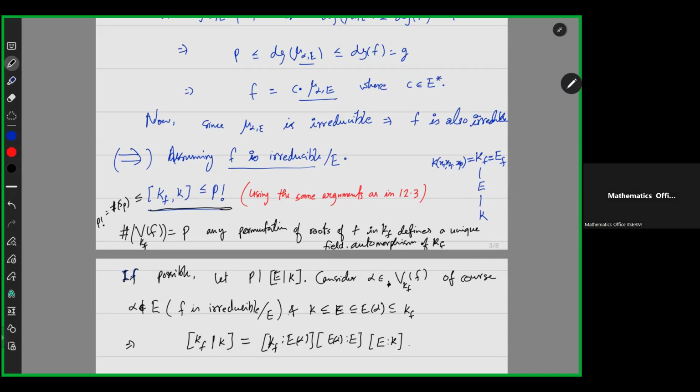Okay. We are defining it on the roots of F, but we will extend it algebraically over all of KF. So any permutation gives an automorphism. So I want to directly write that these are all equal. Okay.